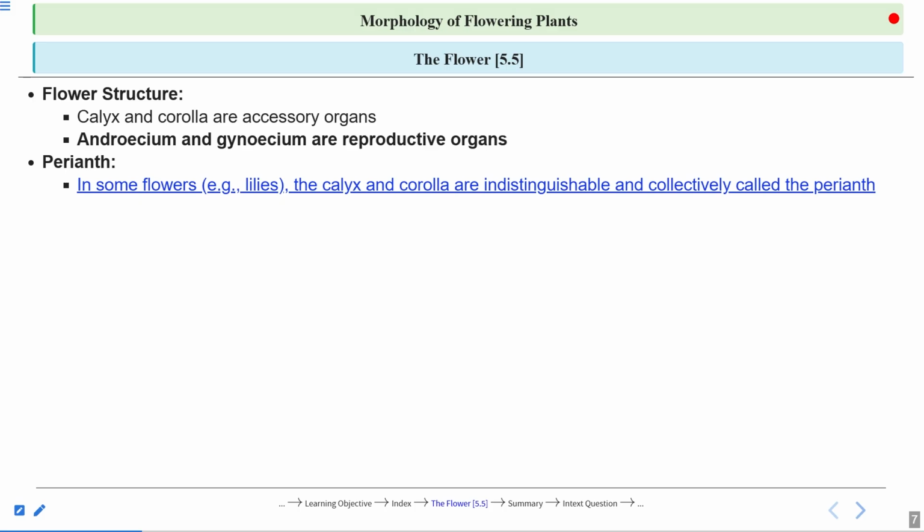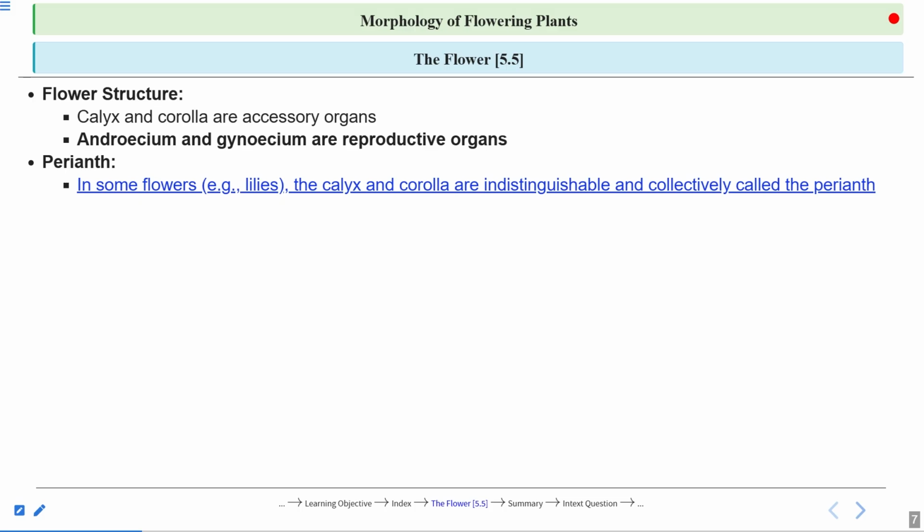There are two different types of flower. In the first, the calyx and corolla are distinguished. You can properly see that the green one, outermost, is the calyx, and the brightly colored, larger one, inner to the calyx, is the corolla. So they are properly distinguishable.